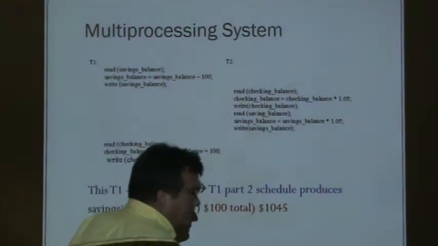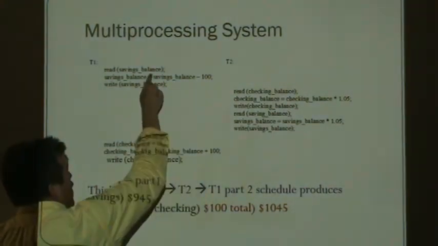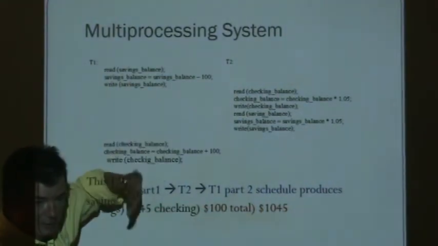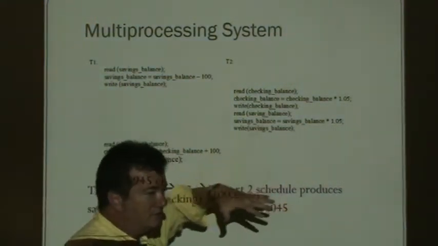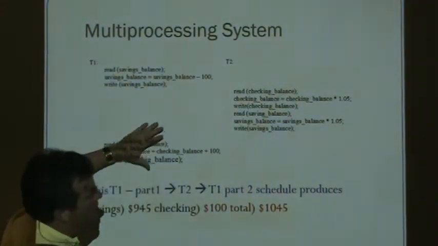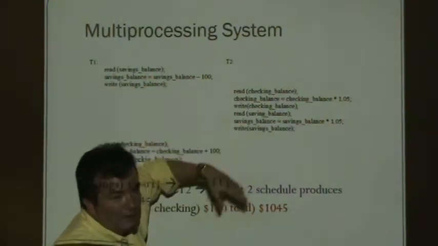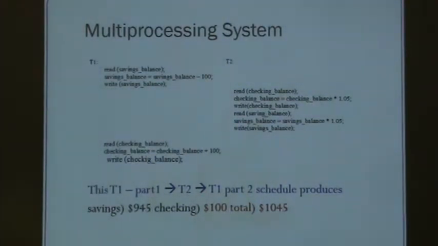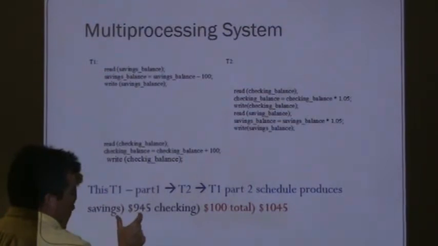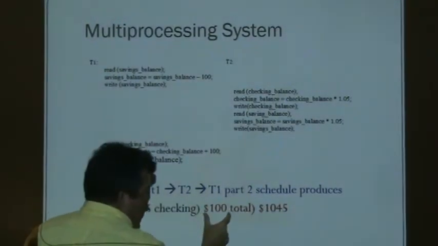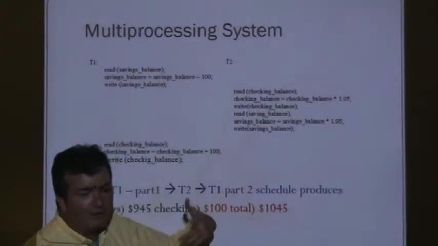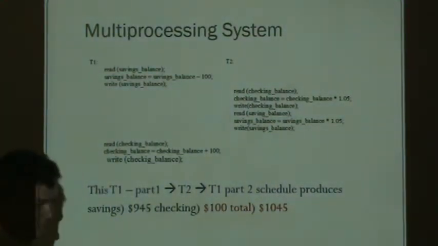So in this case, the $100 that was temporarily missing from this customer's accounts, it didn't appear in the checking or savings. It was subtracted from the savings but hadn't been added to the checking. When the bank's interest came along, that $100 didn't get its interest. So this person would have $945 in savings and only $100 in checking. So the total would be $1,045, and they'd be actually missing $5.